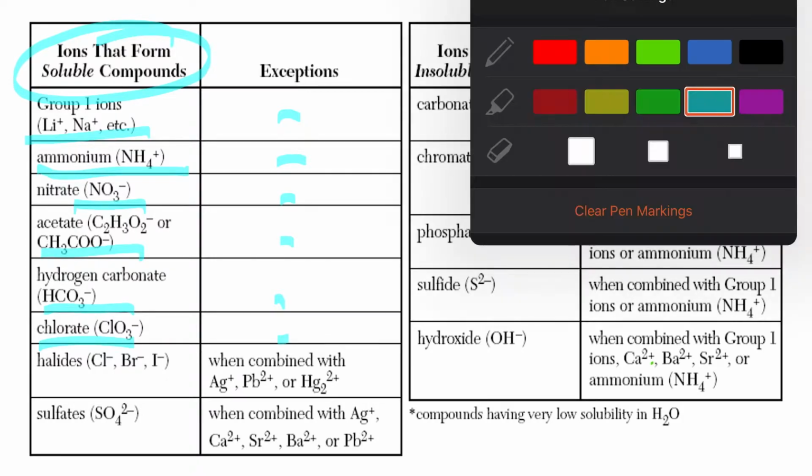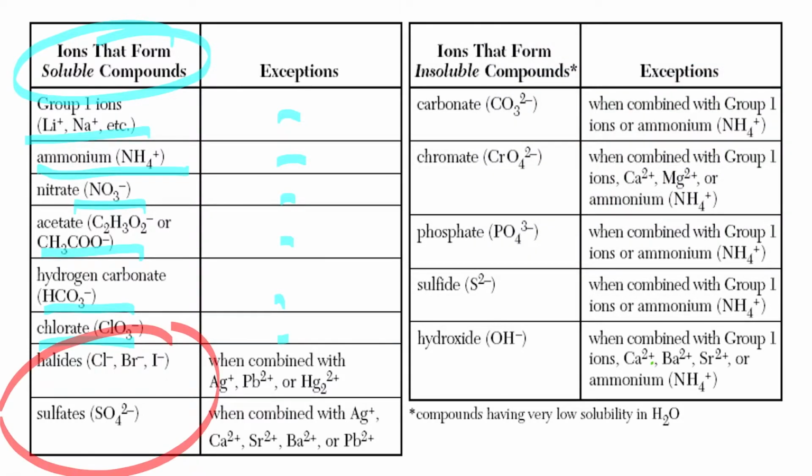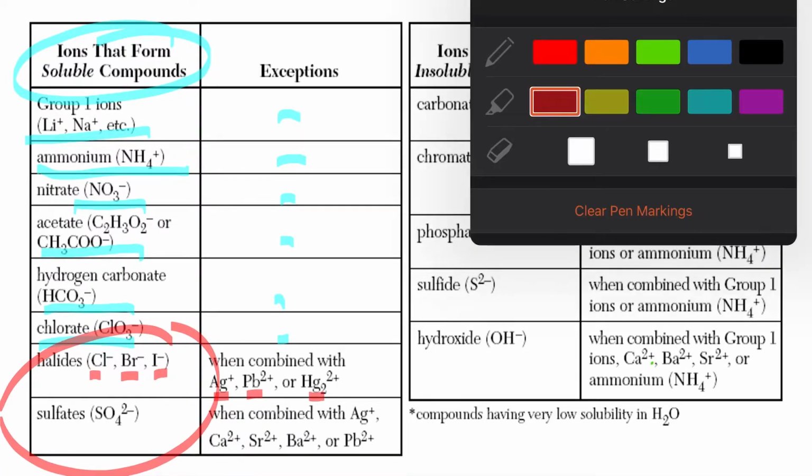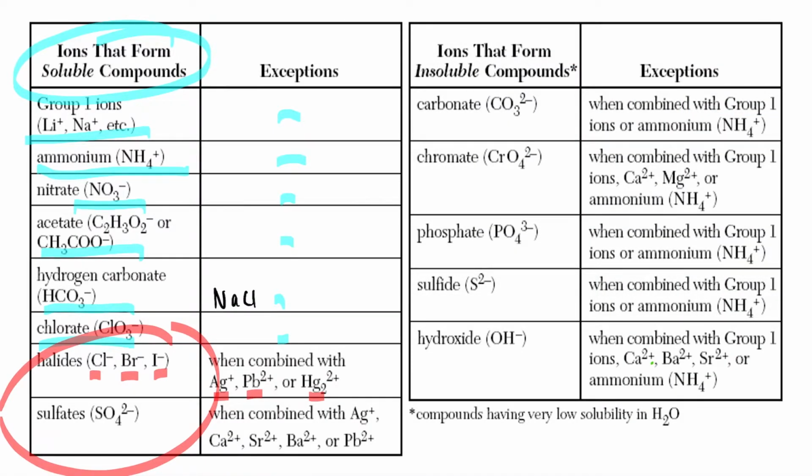Now we get to this point where halides, so that's your group 17, you have chlorine, bromine, iodine, those are always soluble except when connected with one of those three things. So let's say NaCl, you have that Cl, and Na is not one of those exceptions, so NaCl is good.